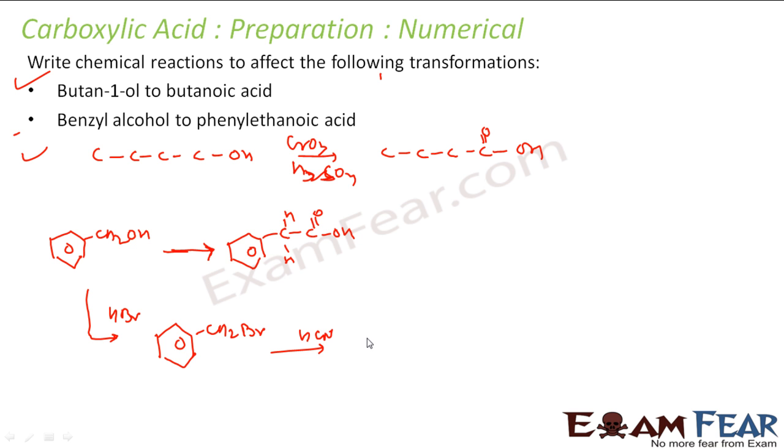So now CN will replace this bromine and this will become CH2CN. Once I have CH2CN, I can oxidize this using a strong oxidizing agent, KMnO4 or something, and you'll get phenylethanoic acid.